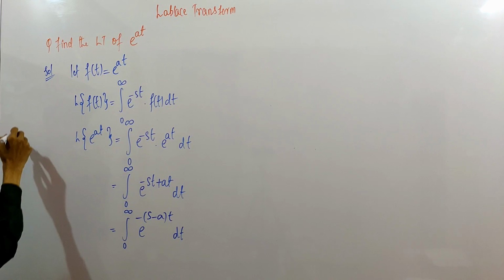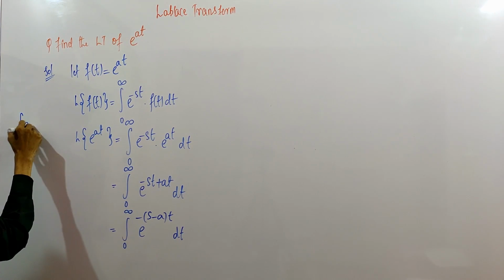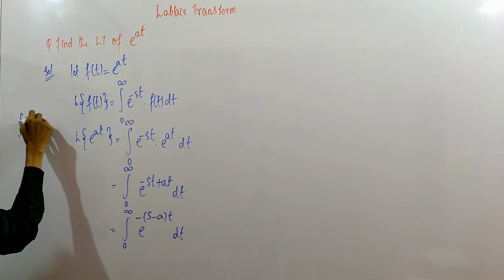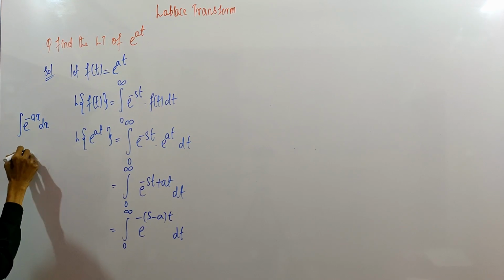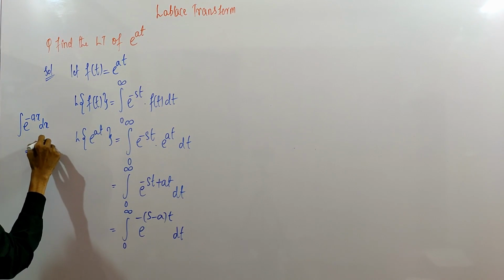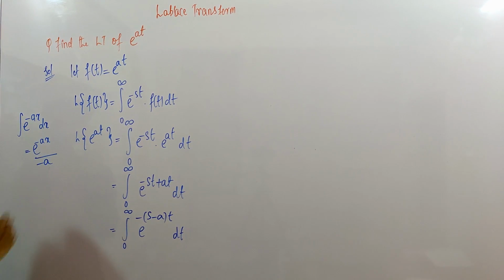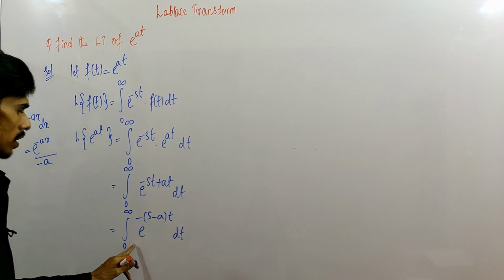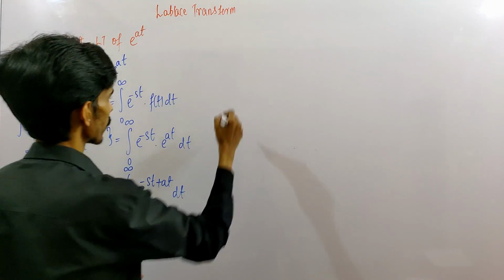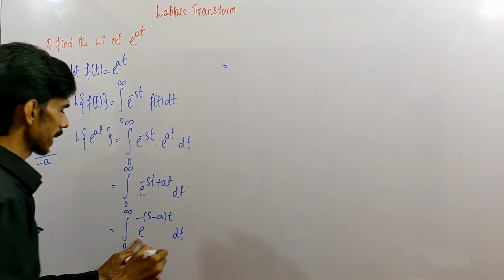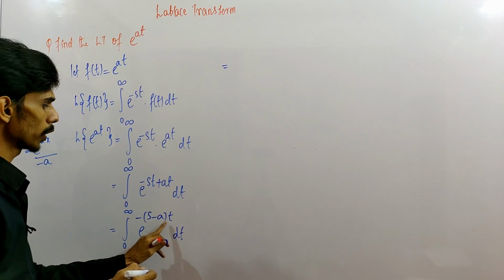Now we know that integration e power of minus ax dx value is the same e power of minus ax upon coefficient of x, minus a. Applying this concept here, we have integration e power of minus s minus a into t dt.